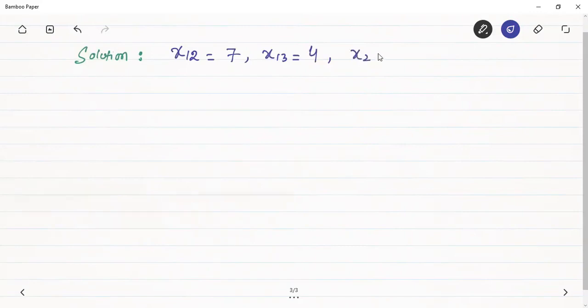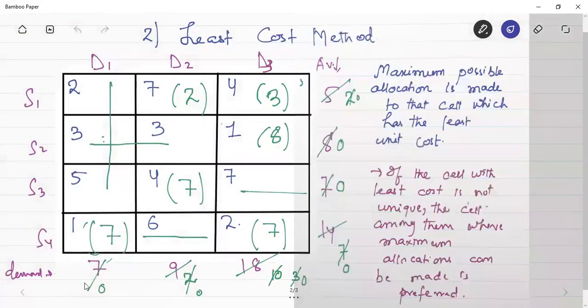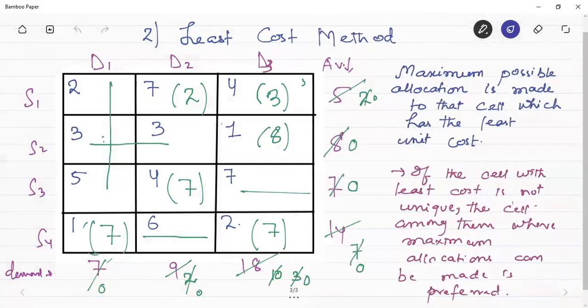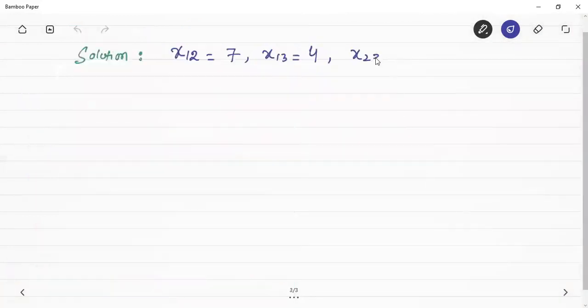उसके बाद S2D3. X2,3, 1 unit. उसके बाद S3D2. 4.